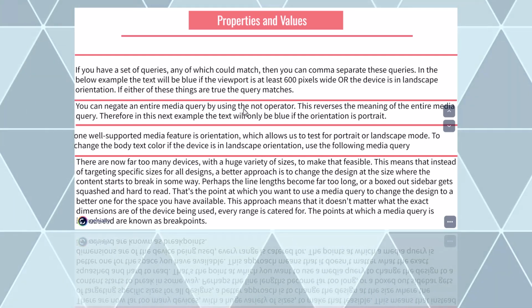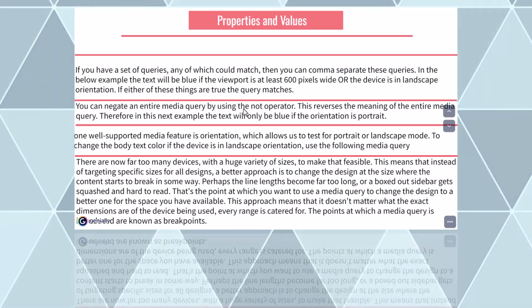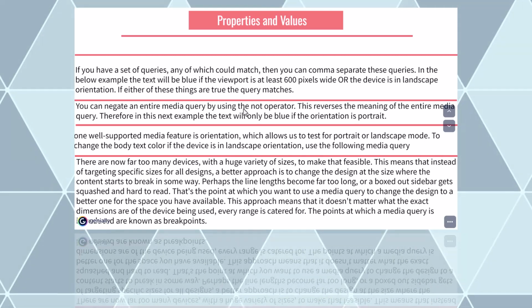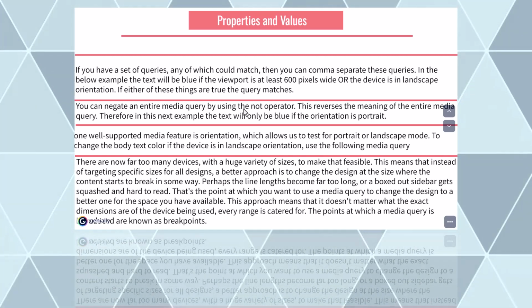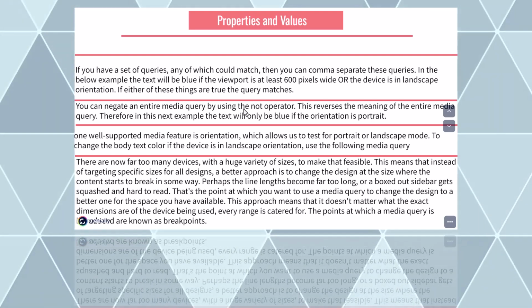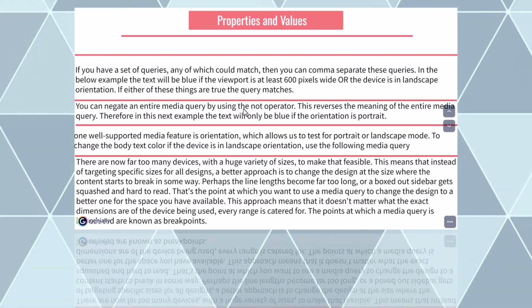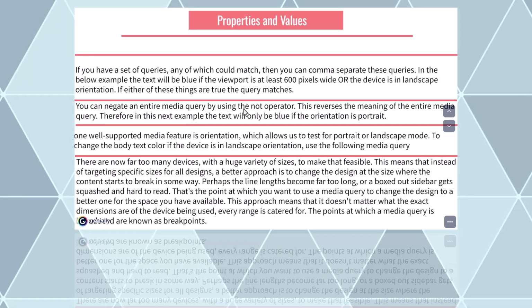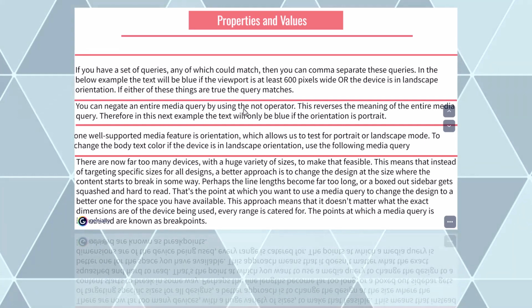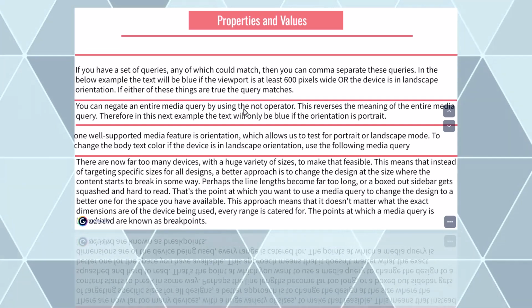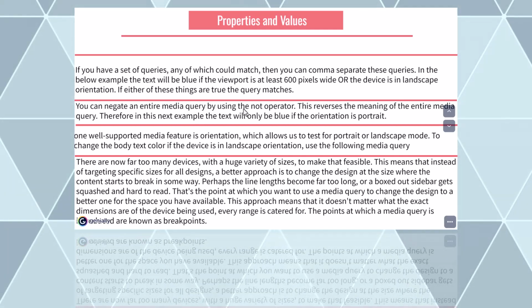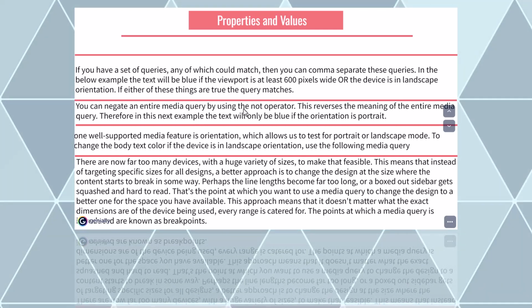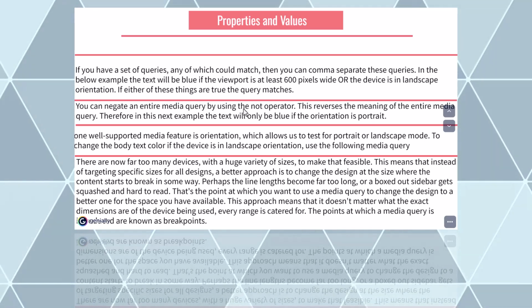There are now far too many devices with huge variety of sizes. To make that feasible, this means that instead of targeting specific sizes for all designs, a better approach is to change the design at the sizes where the content starts to break in some way. Perhaps the line lengths become far too long, or a boxed outside bar gets squashed and hard to read.